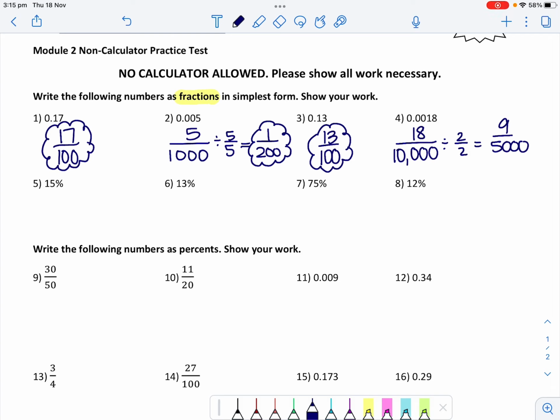For the percents to fractions, percents are out of 100, so I'm going to write 15 over 100, and then I'm going to divide by 5, so I get 3 over 20.